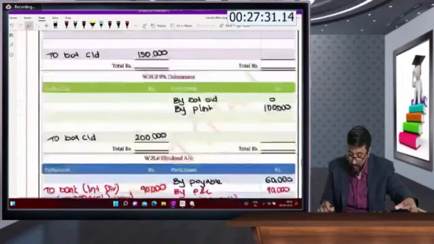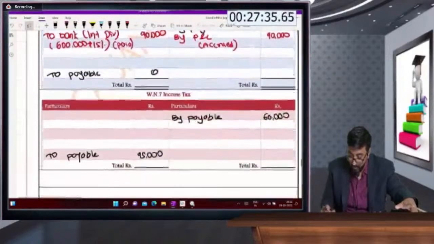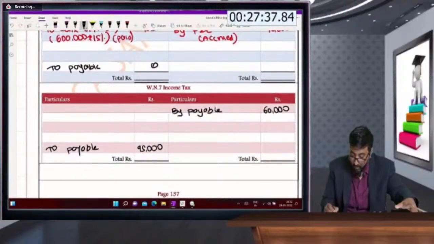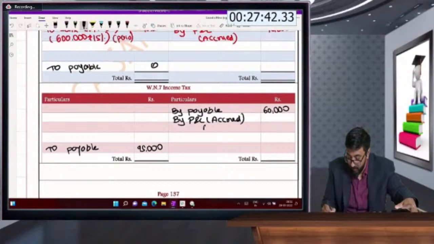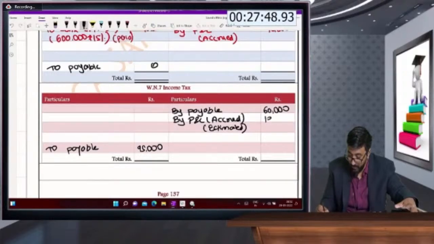Next one, income tax liability estimated. So income tax account by P&L. Where is income tax account? Normal pen. By P&L, in bracket accrued, that is estimated. Here it is estimated, so estimated means accrued, 1,35,000.